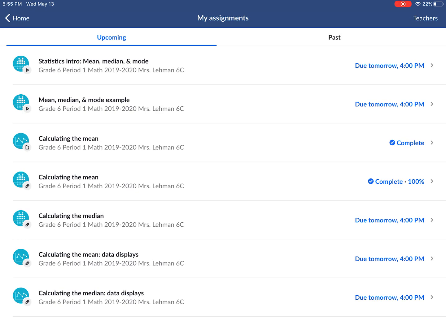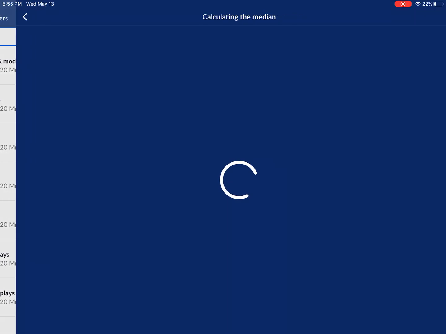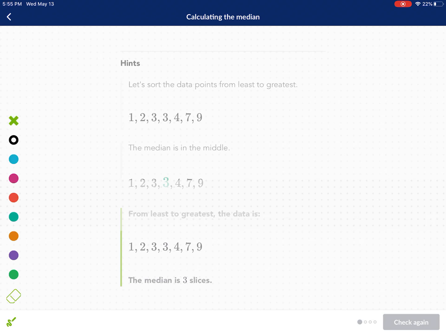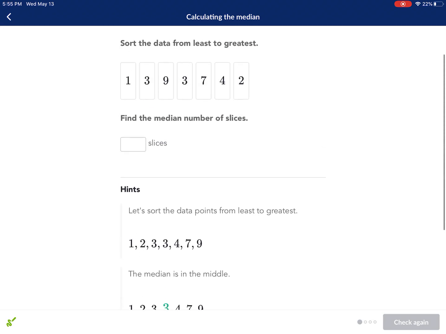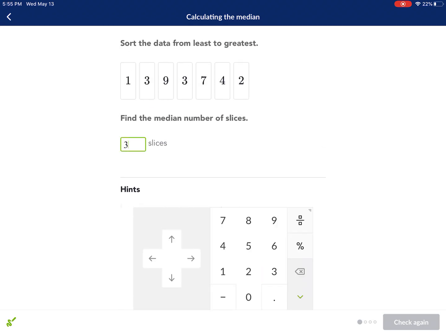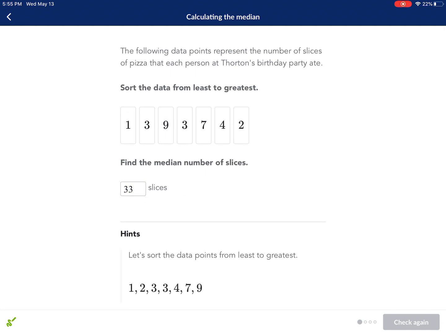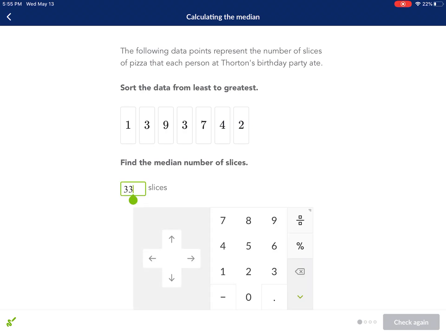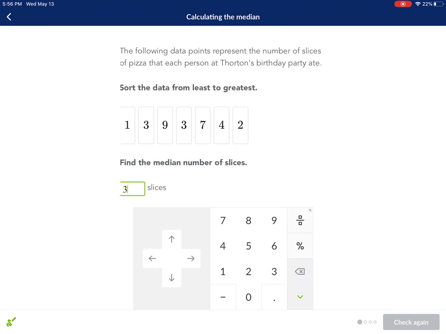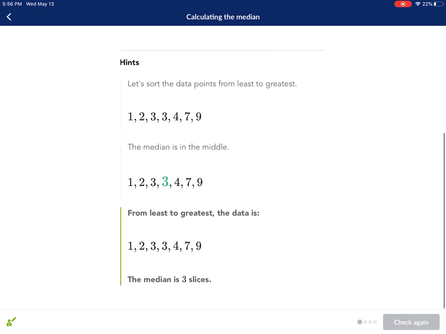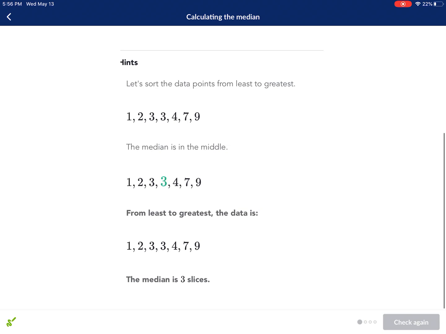All right, now we are going to do calculating the median. Now I started this earlier and it was giving me all kinds of problems. Let's see if I can get it to work now. It locks me in this section. It's 3. The answer is 3. So I am not 100% sure why that did that, but it is obviously a big old glitch.